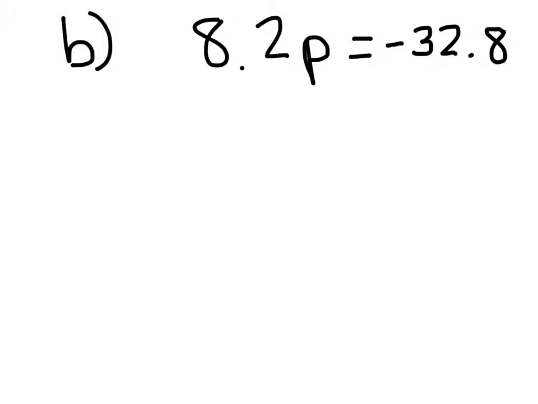Okay, on this one, notice we have 8.2 times p. Remember, there's a multiplication dot in between those. They're really multiplying those. Equals negative 32.8. So once again, I'm going to split this into a left side and a right side. And our goal is to get p alone. Notice, p is being multiplied right now. So to undo multiplying, I'm going to divide.